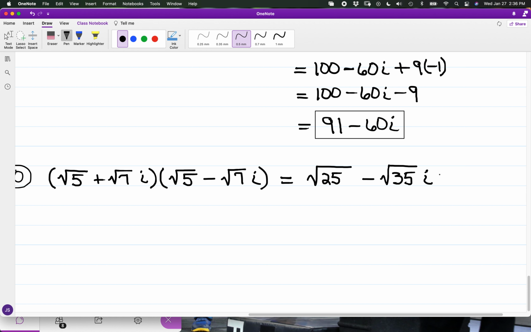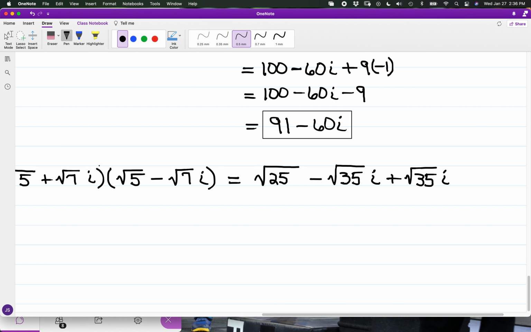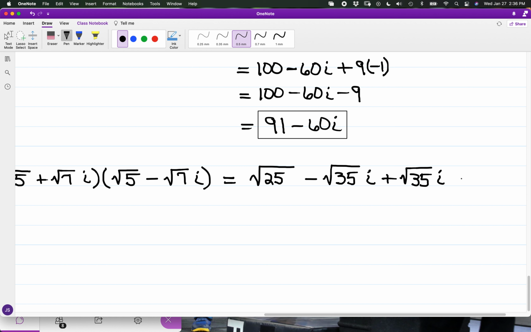Inside, I have addition, the square root of 7 times the square root of 5, so this will be the square root of 35, again with i attached. And with the last product, positive times the negative is a negative, and the square root of 7 times the square root of 7 will be the square root of 49, and i times i becomes i squared.